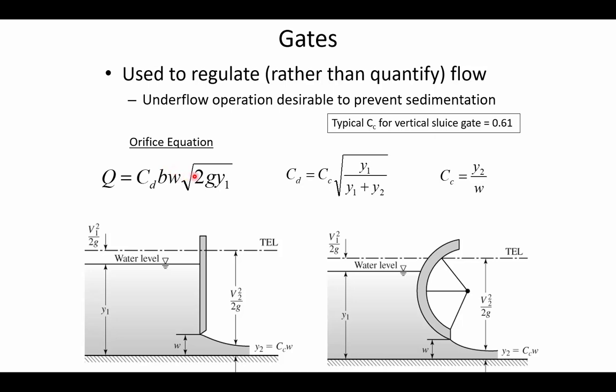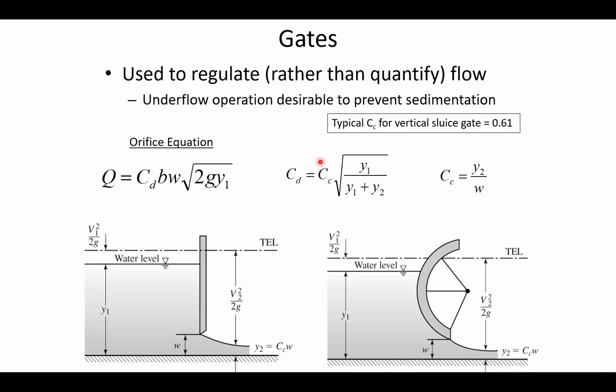And then square root of 2gy1. And so that is where we get the velocity of flow under the gate. The square root of 2gy1 gives us velocity. So velocity times the area is flow rate. And then finally, we put a discharge coefficient in to account for energy losses. And you can see that the function that I give you for the discharge equation is largely related to the coefficient of contraction.